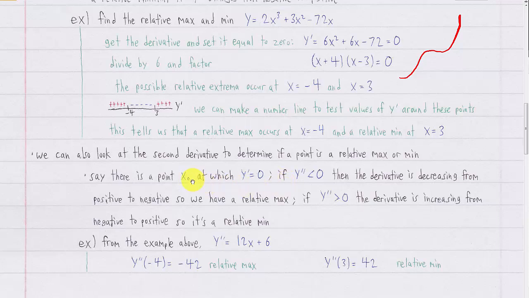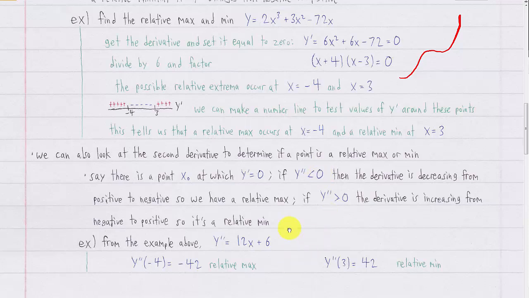So let's say you find a critical point, and then the second derivative at that point is negative. Well, that means the rate of change of the first derivative is negative. So the slope of the tangent lines are decreasing. So that means it must be a relative maximum.